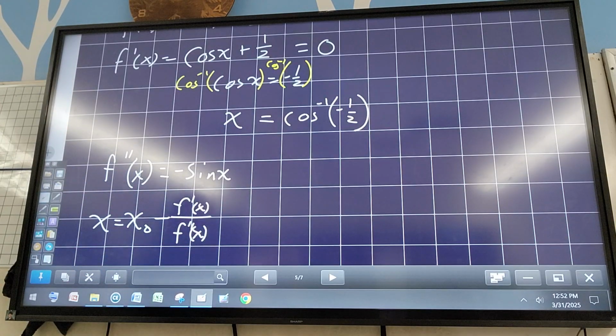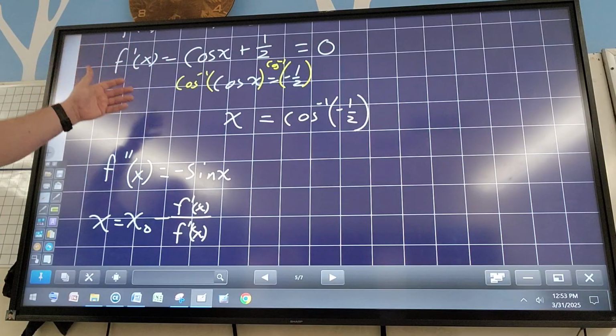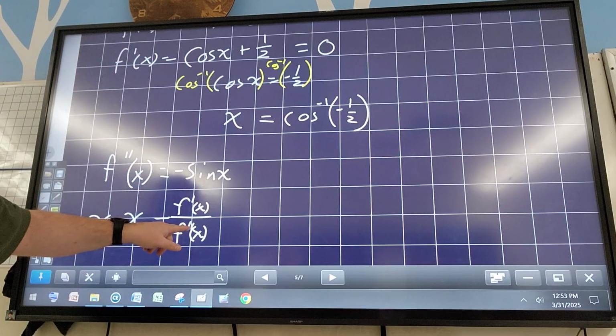Because it's the function you're looking at and its derivative, right? The function we're looking at is already a derivative. So we're looking at the second. Is that clear that there's 2 there? That's f double prime.